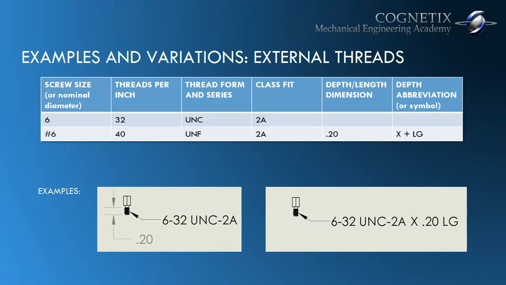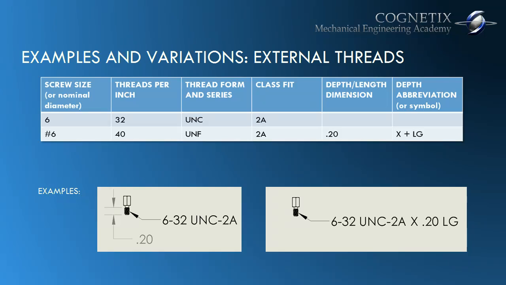Okay, to be thorough, here are a couple of examples and variations of external thread callouts. Let's focus on the 2 images at the bottom. The one on the left, we have a number 6-32 thread, unified coarse, with a class fit of 2A because it is an external thread. Now, there's no depth associated with an external thread, but rather a length.